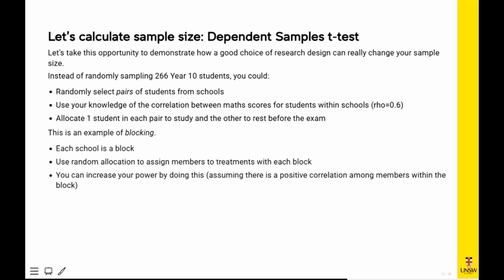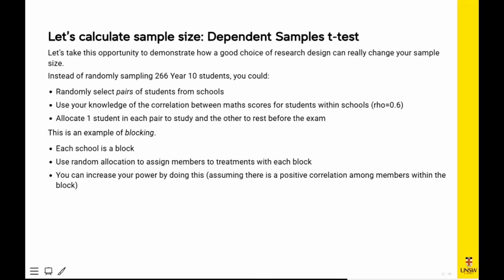This is an example of what's called blocking. And in this situation, each school is a block, or each pair is a block. And we are randomly allocating each of the members of a block to one of the two treatments.